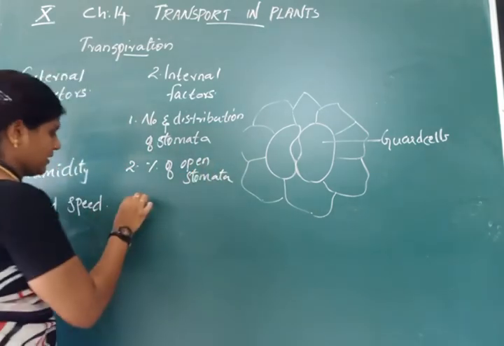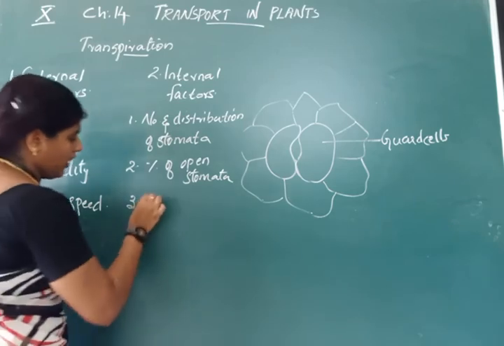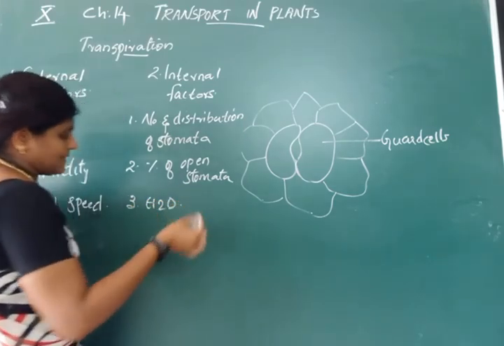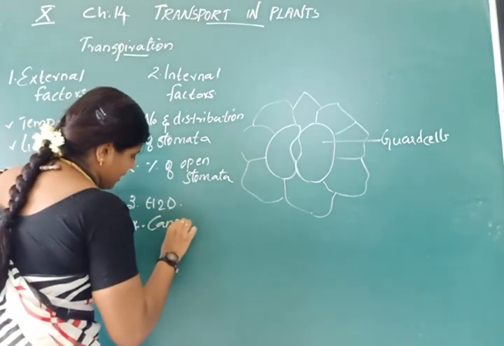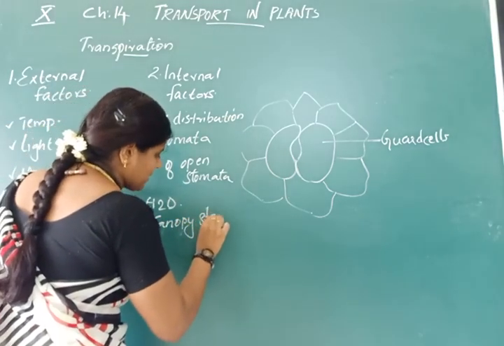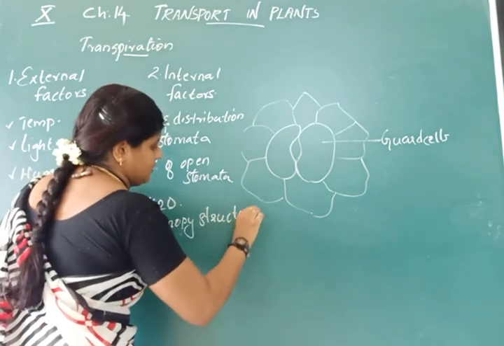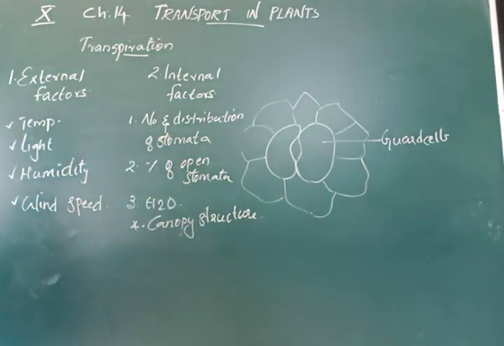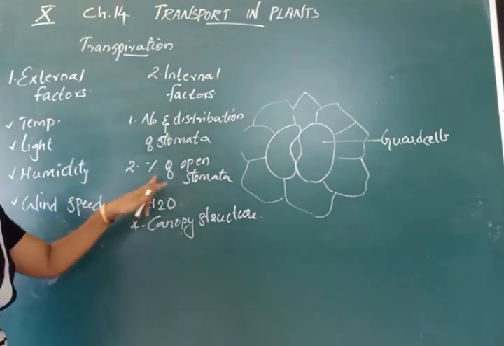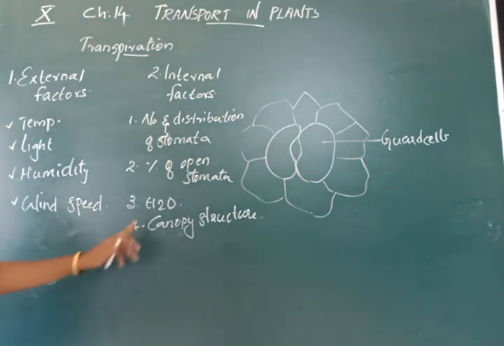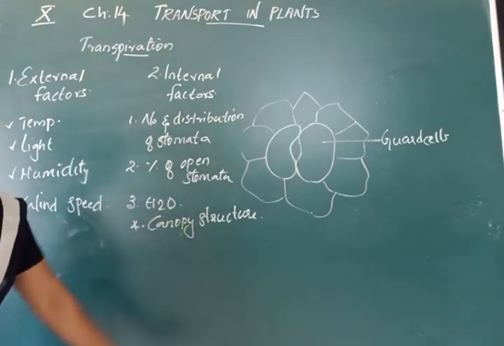Third, water status of the plant. Finally, canopy structure. Canopy means shade. So these are the internal and external factors that affect transpiration. External factors are temperature, light, humidity, wind speed. Internal factors are number and distribution of stomata, percentage of open stomata, water status of the plant, and finally canopy structure.